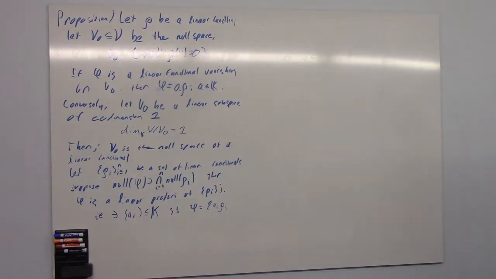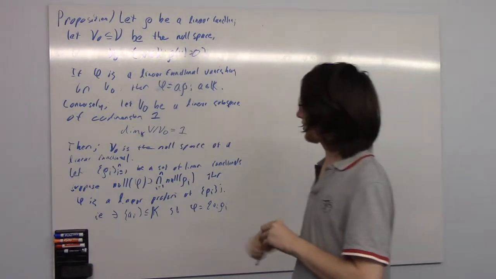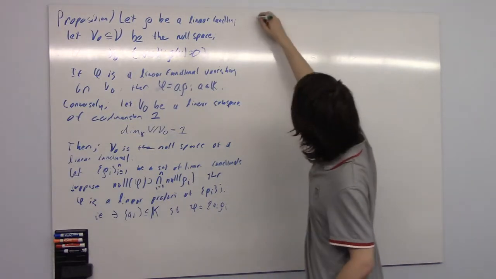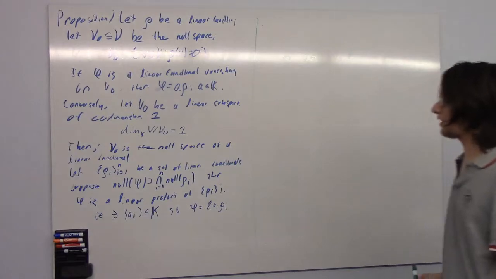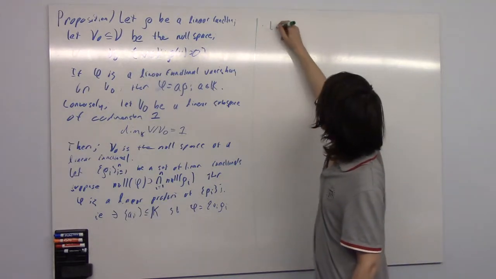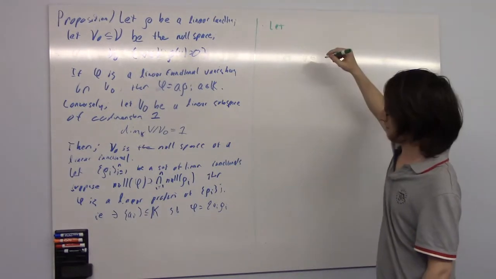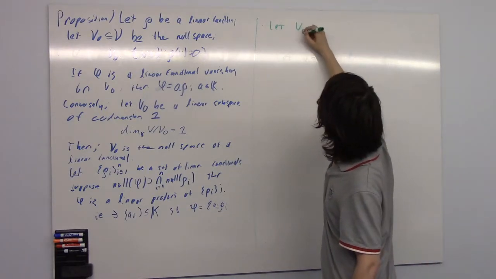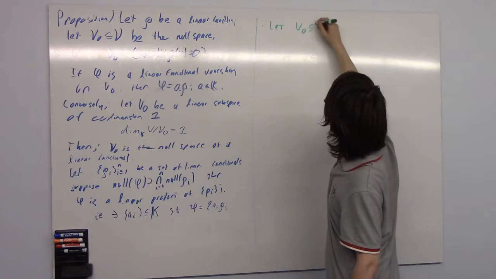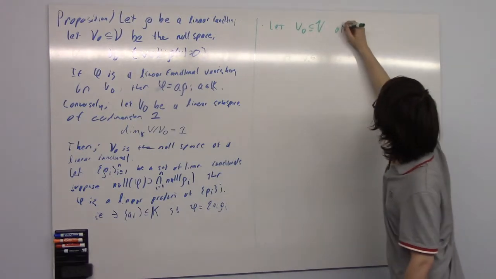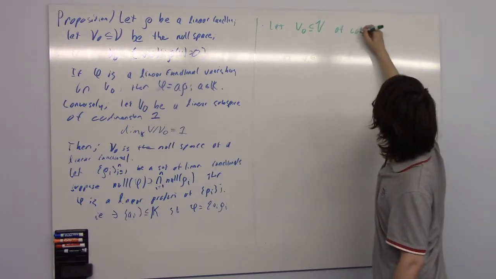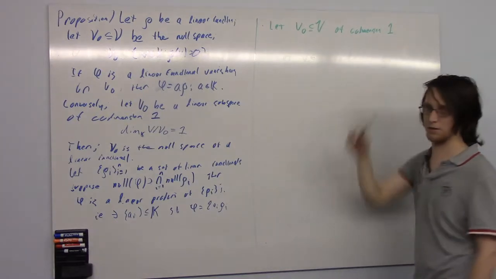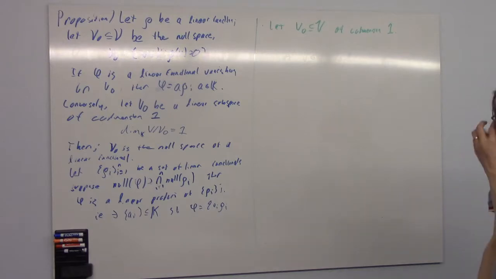Now, first, we will actually prove this converse. And how will we do that? Let V naught be a subspace of V of codimension 1. Okay?